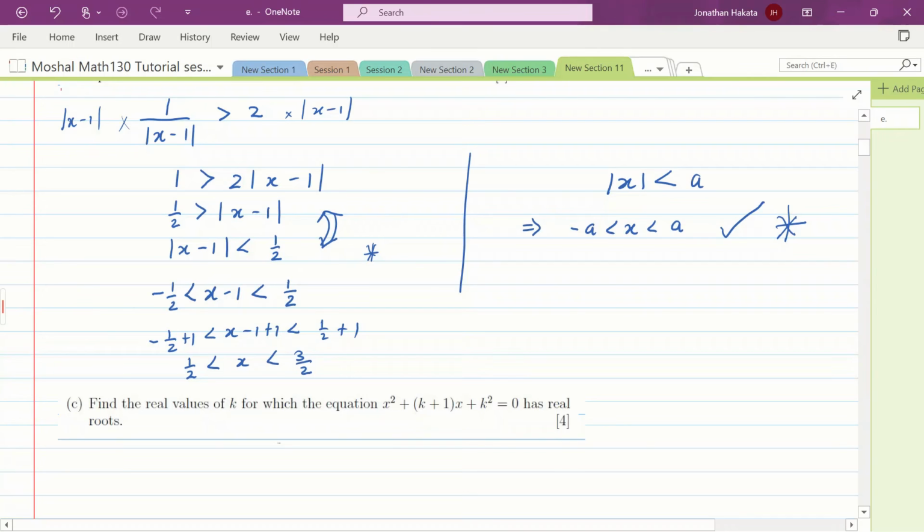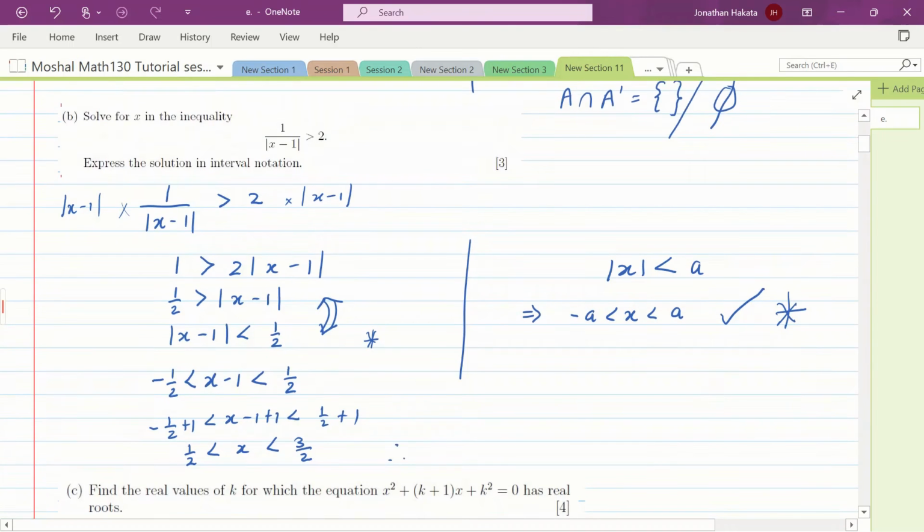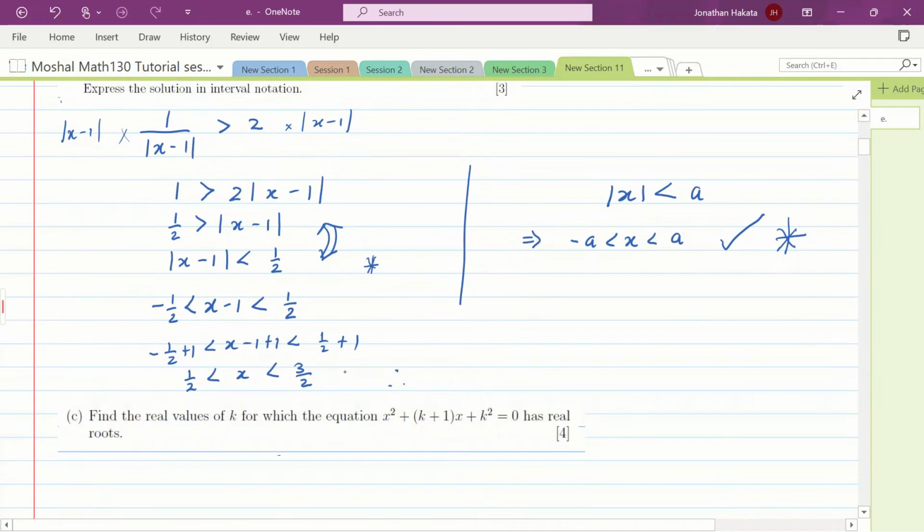Therefore, we are asked to leave your answer in interval notation. You can leave your answer here, but this is kind of an inequality form. The interval form would be x is an element of the interval from half up to 3 over 2.